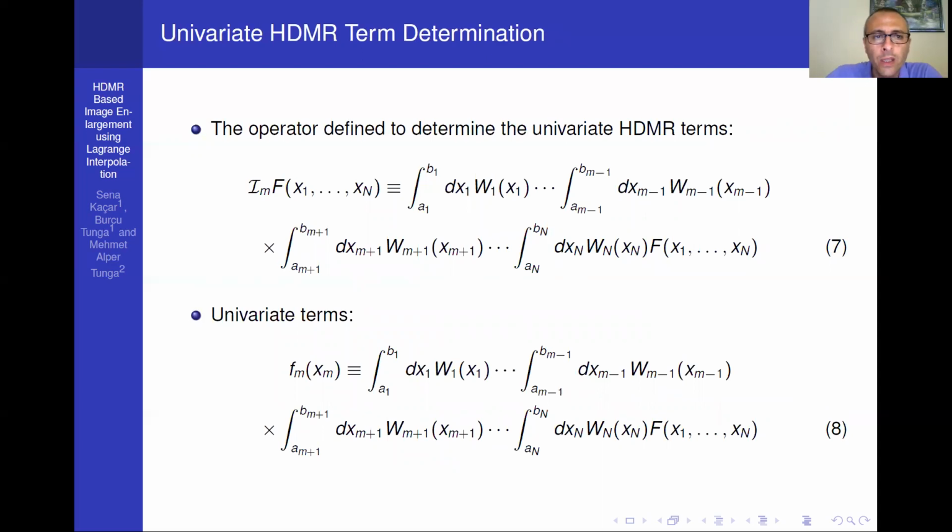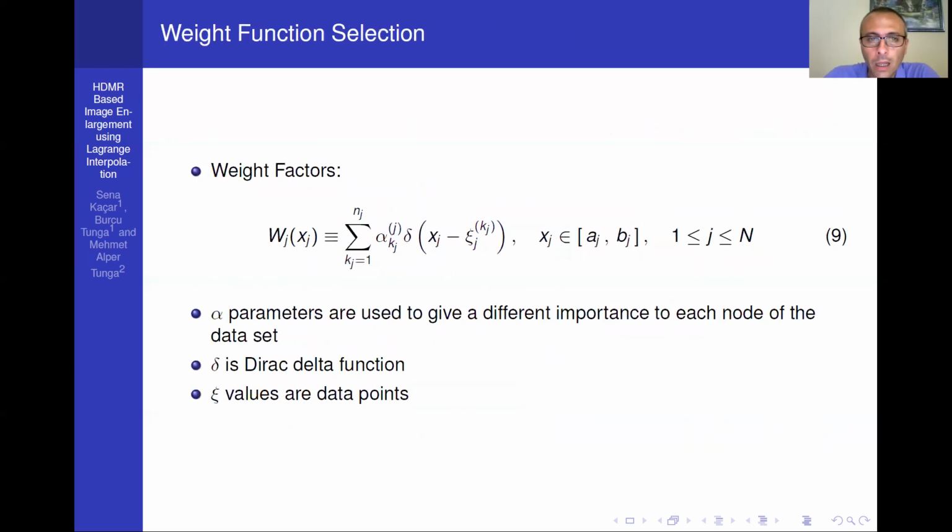In a similar way, we define another operator to determine the univariate HDMR terms. This time we discard one integrand from the n-tuple integration in order to get the general structure of the univariate HDMR terms, which is given in number 8. We can find the other HDMR terms in a similar way.